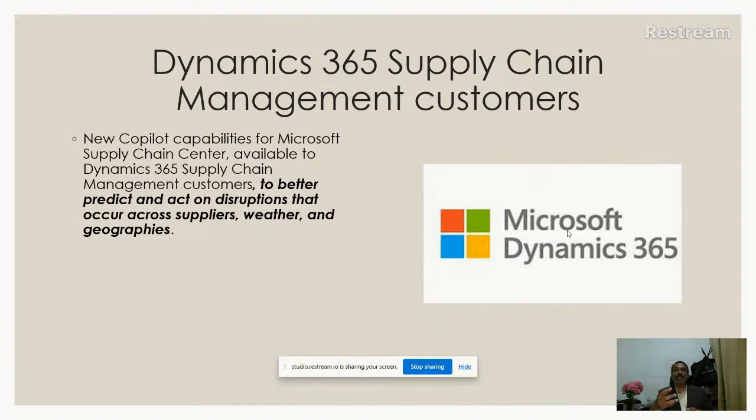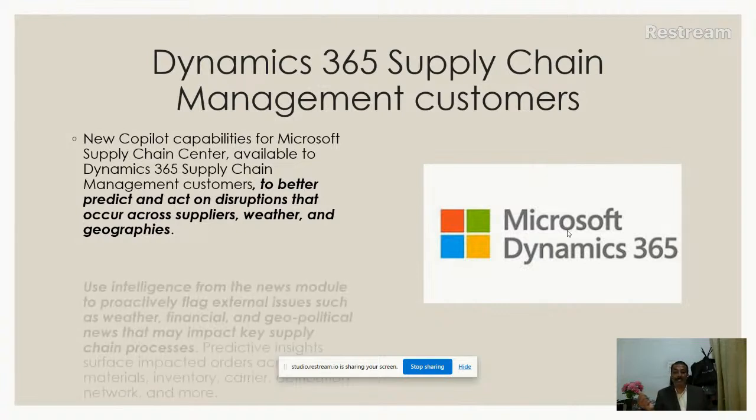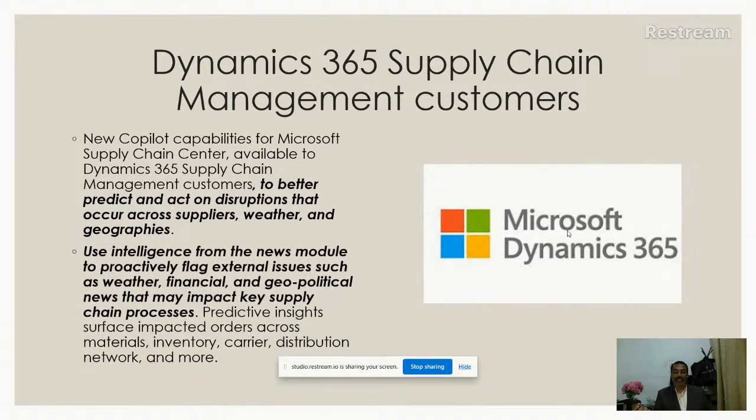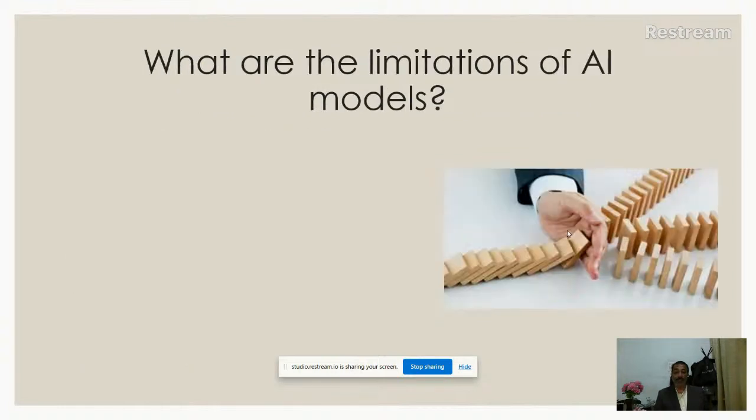It is able to suggest to the planner that there could be a disruption, and it can also suggest an alternative way of managing such things. Use intelligence from the news module to proactively flag external issues such as weather, financial, and geopolitical news that may impact key supply chain processes.